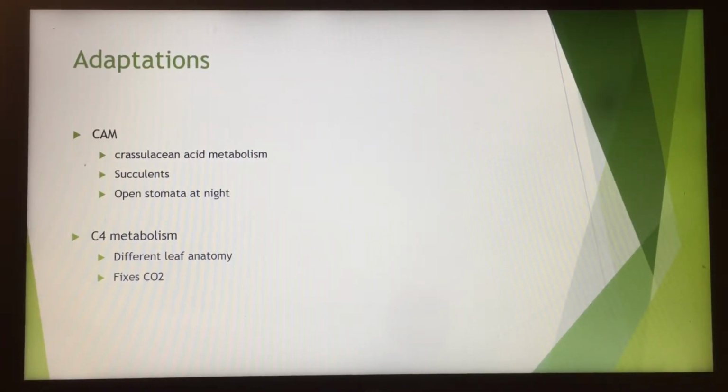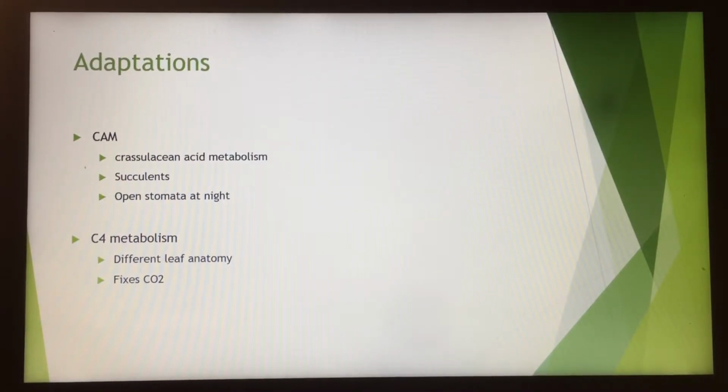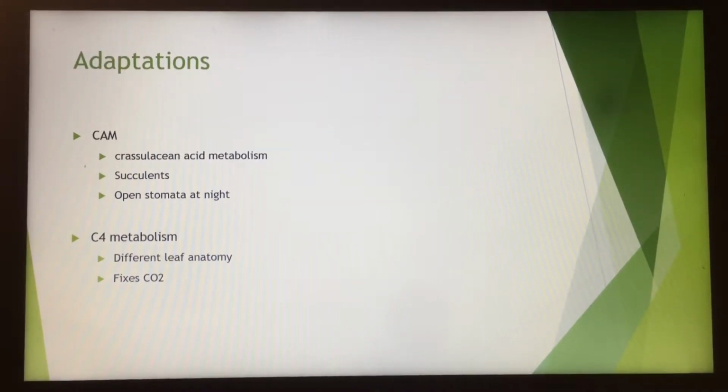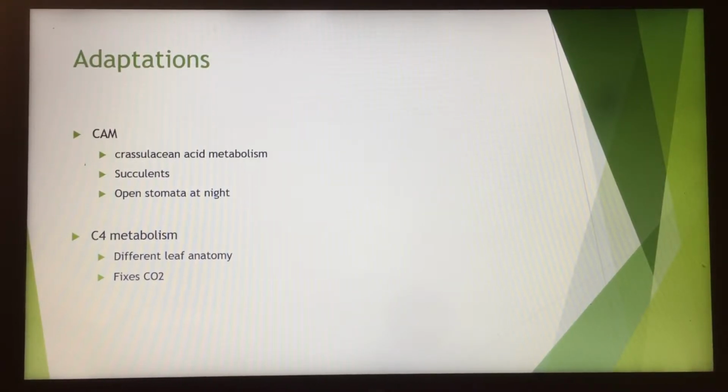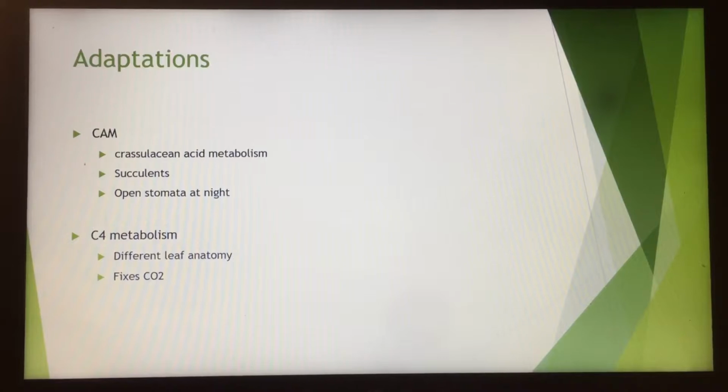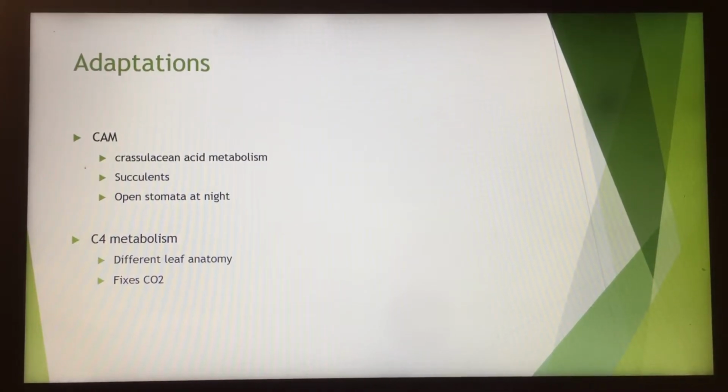Because if it's open during the day, then they're just losing large amounts of water, and they can't afford to do that. And then C4 metabolism. Plants with this adaptation have a different leaf anatomy and they fix carbon dioxide.